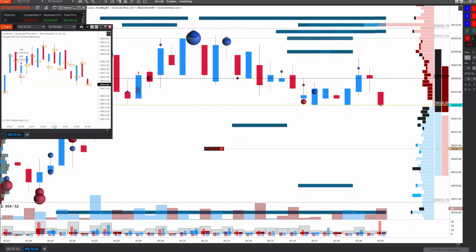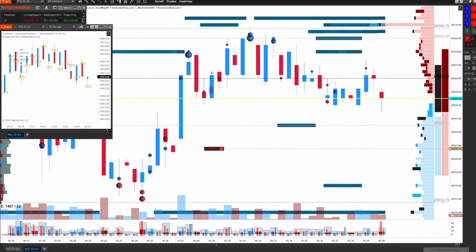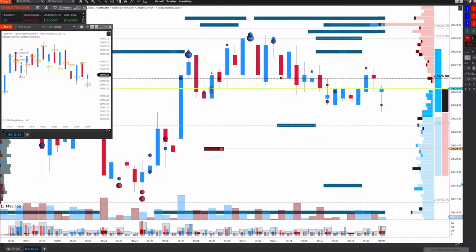Now the sellers are coming into the picture. Bingo. You see, some volatility starts to spike a little bit. The buyers are not giving up. I'm like, dude, this is just amazing.